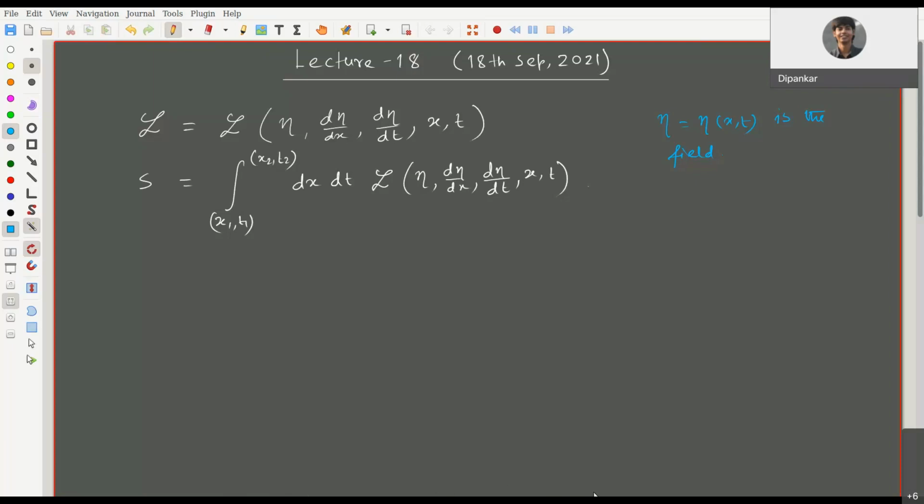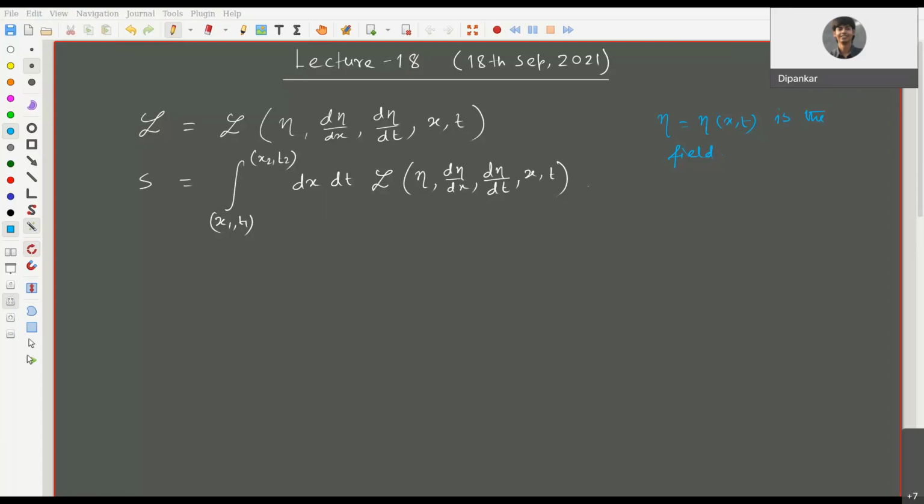The field is the thing that carries information about the continuous medium of the system, and from the field equation we should be able to figure out the properties of the system, or how the continuous medium should behave.